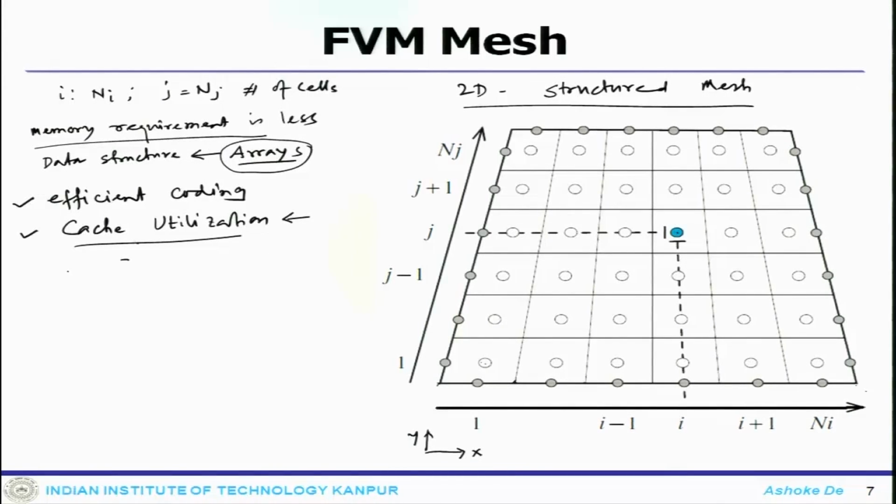If that is efficient, then obviously your calculation is going to speed up. So, this is going to speed up the calculation or simulation time. That is a biggest advantage. Now, thirdly, one can think about efficient vectorization.